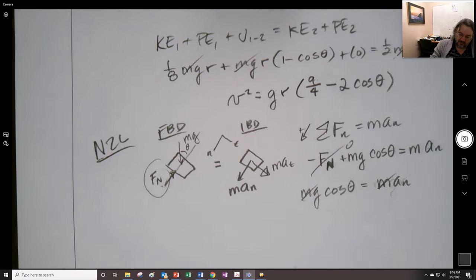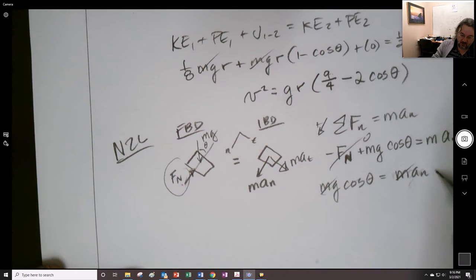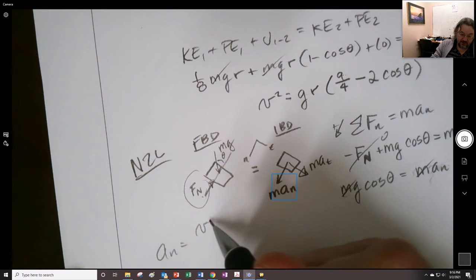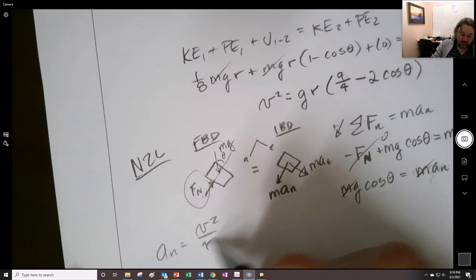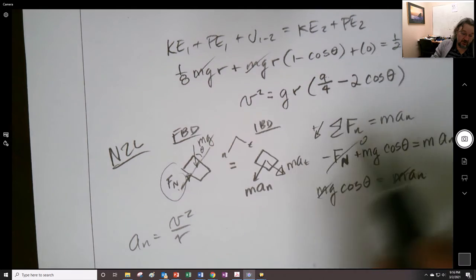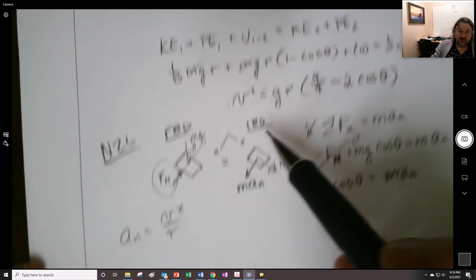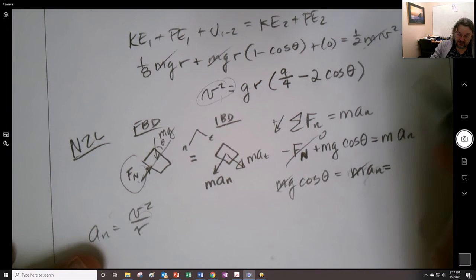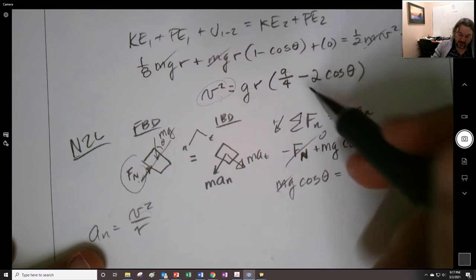Boom. Get rid of our m's. But what is a_n? Remember that a_n is equal to v squared over rho, or r. So we already had v squared up here. That's why we never took the square root. So I'll take the m to cancel it out still.